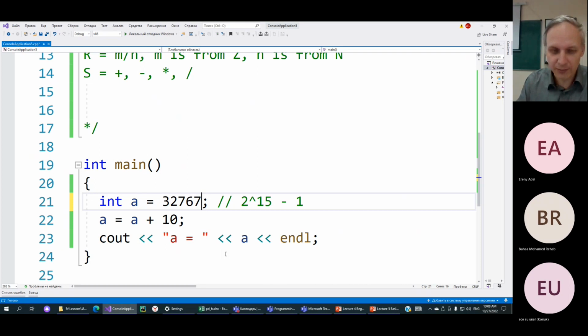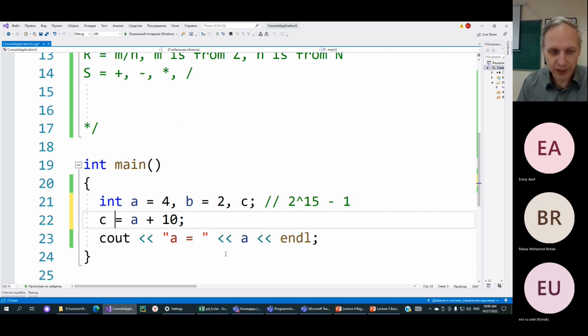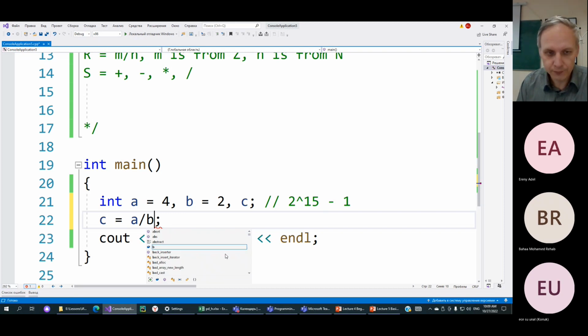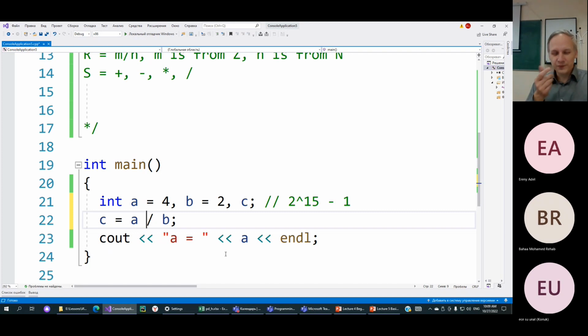Let's consider some example. Let's consider two integer numbers. Let me declare two integer numbers A and B, right? And the third number C, and let me assign C equals to A over B. This is a very simple example.